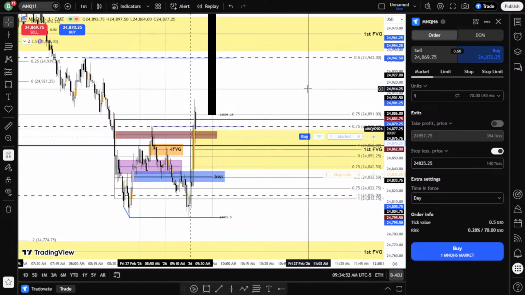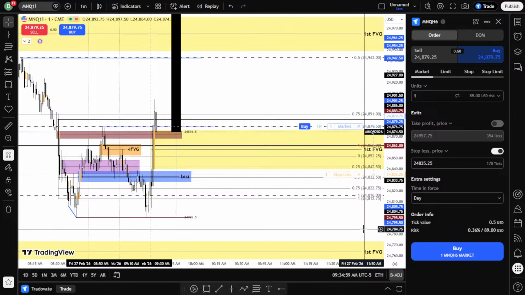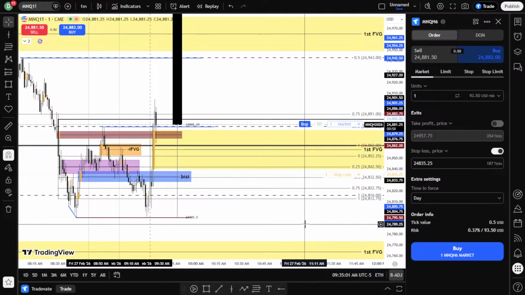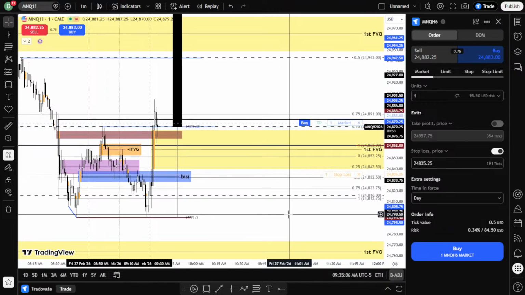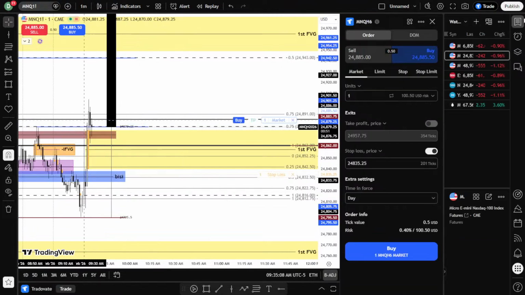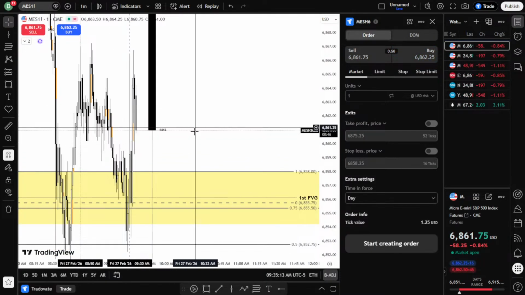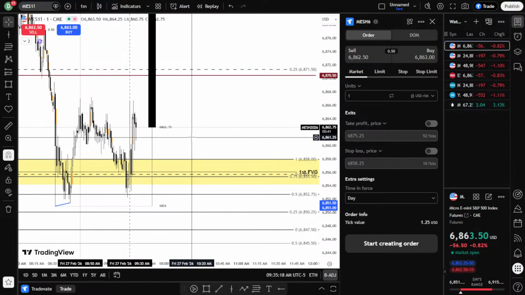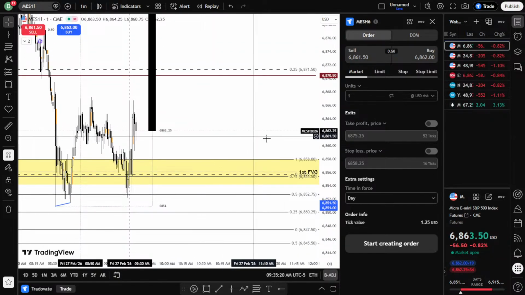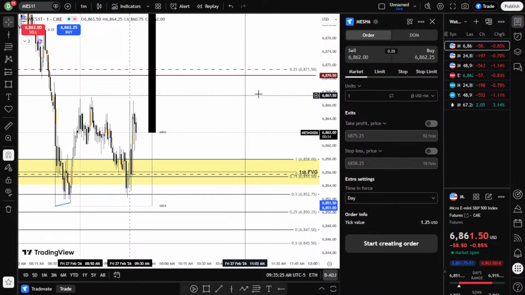Take these people out, and check ES. Smooth buy side.